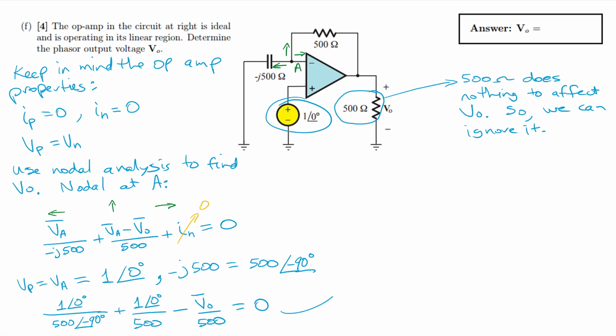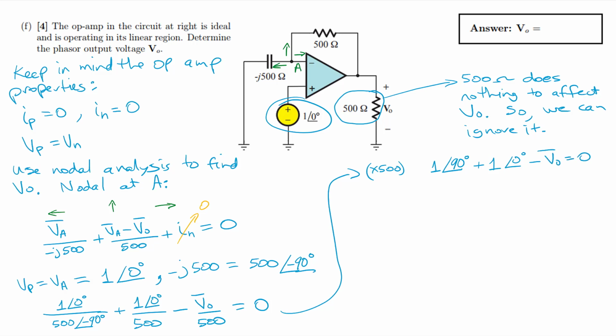Okay, so let's go up here, and let's multiply by 500 to simplify the expression. So then we're going to have 1, and I'm going to bring the 90 upstairs, and it's going to become positive 90. The next one is going to be 1 at 0 degrees, and then minus Vout.